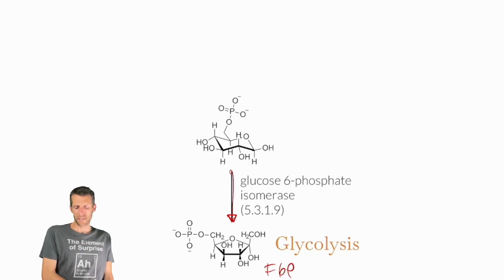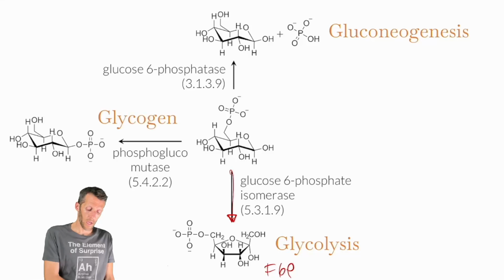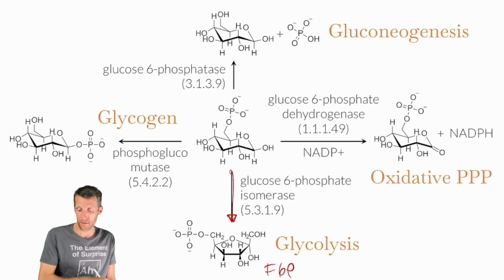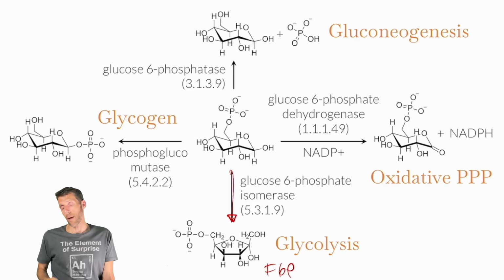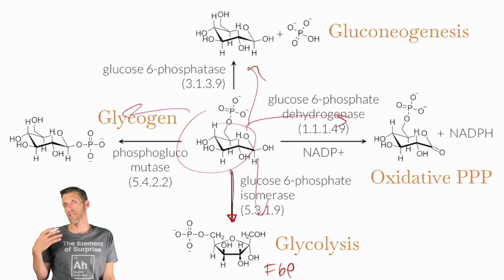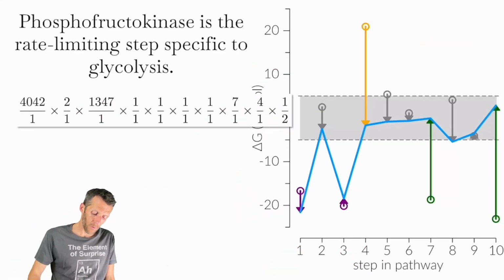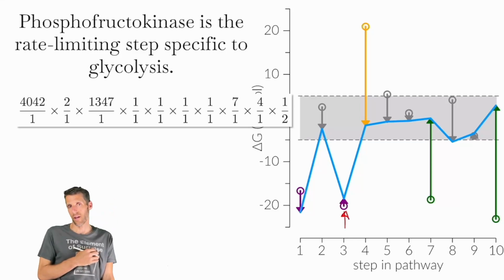But glucose 6-phosphate is actually the feeder for gluconeogenesis, which we'll talk about in a later video. Glycogen formation, which you've at least hinted at previously, and again, we'll talk about it later. And also the oxidative pentose phosphate pathway. This one molecule has multiple different places it can go. So it's not really specific to glycolysis. Phosphofructokinase, by contrast, is specific to glycolysis.